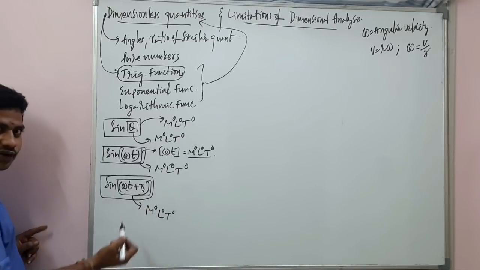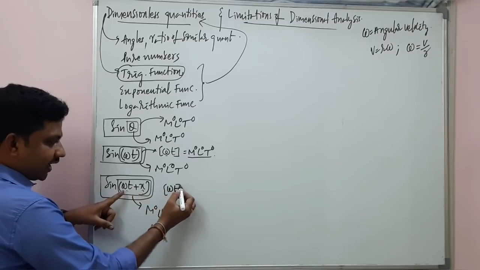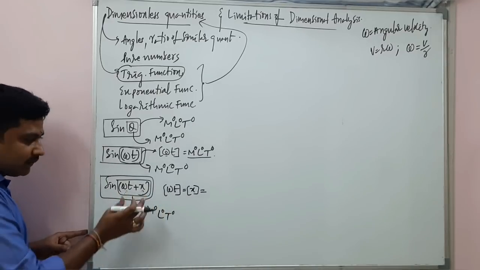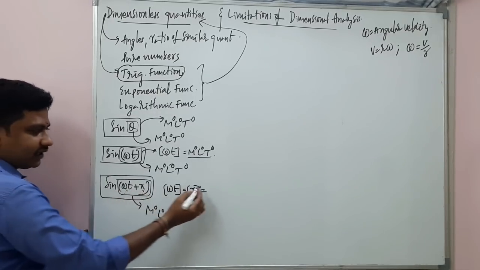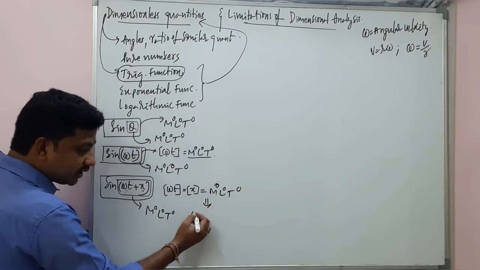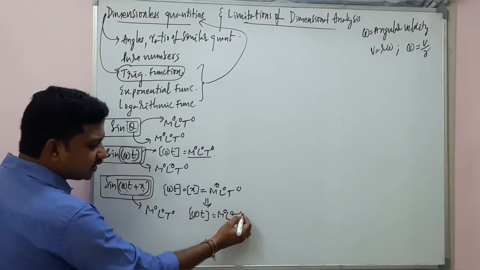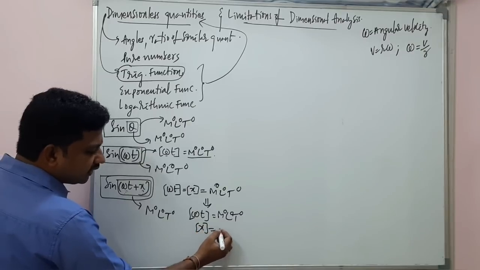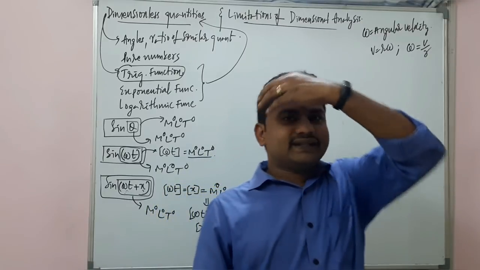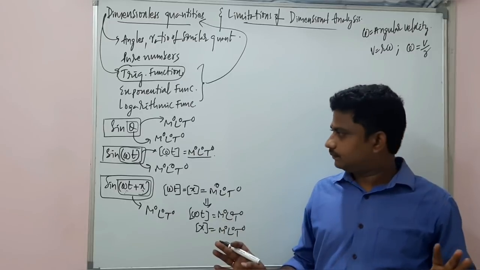Whenever there is an addition going on, according to the principle of homogeneity, this quantity's dimensions must be equal to this quantity's dimensions, but this complete sum will not have any dimensions, right? That is dimensionless. So it automatically tells you omega t will not have any dimensions and your x value also will not have any dimensions. That's it. If you really understand this part, a lot of the numericals you can solve.